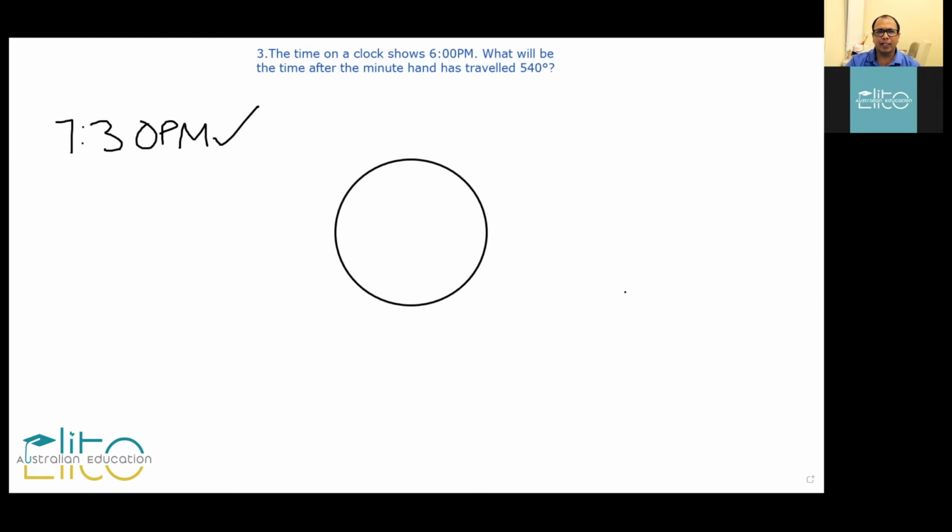And if I draw the minute hand on this, it's something like this, and it travels in a circle, which means when the minute hand completes a whole circle, it has moved 360 degrees. And when the minute hand has moved a whole circle, that means we have completed 60 minutes or 1 hour.